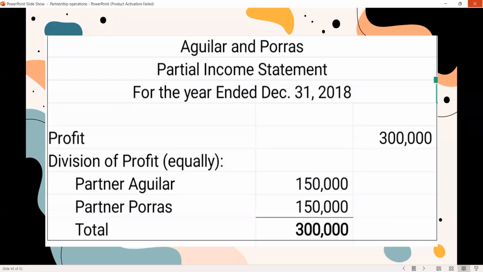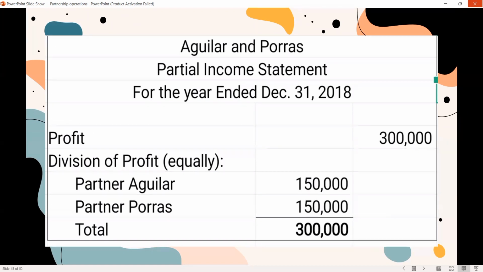Parang ito, this is an example of a partial income statement or financial performance. Ito yung kinuha sa book. The profit is 300,000. Tapos, Aguilar and Porras, so dalawa sila. So, ang sinabi doon, division of profit is equally.